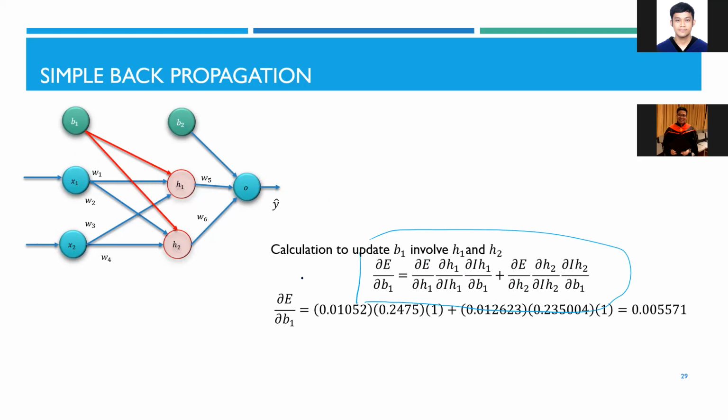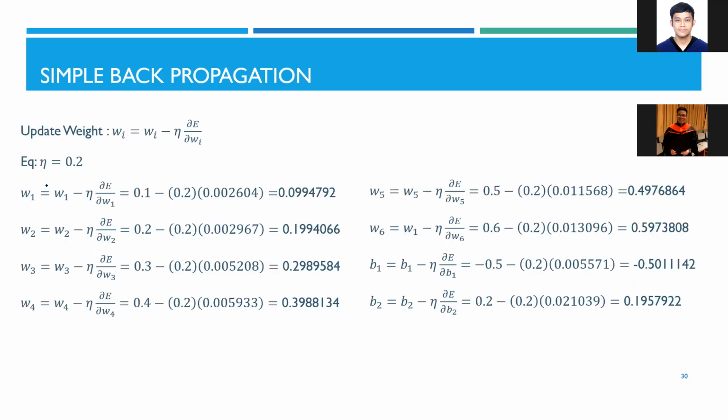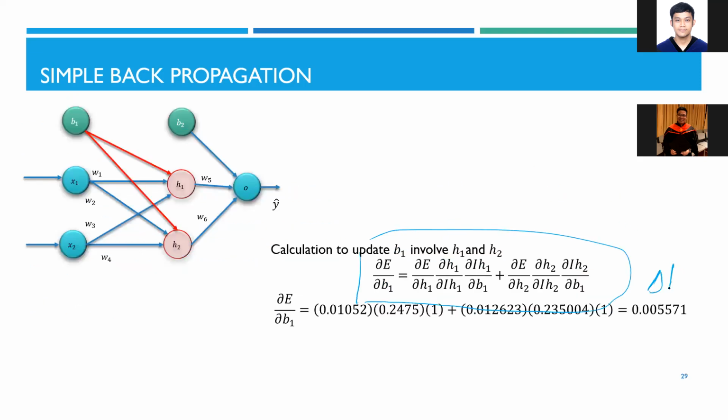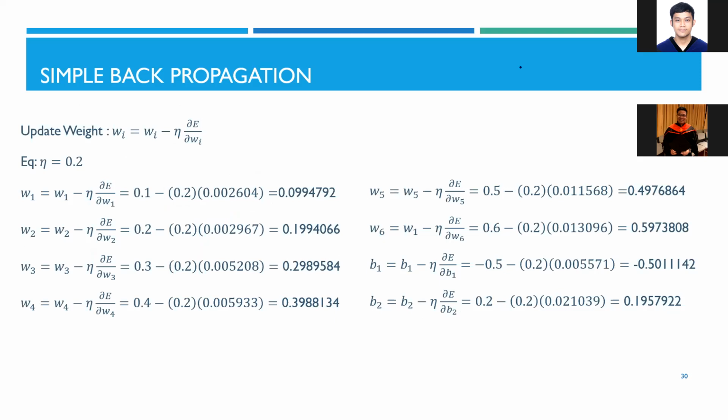This is for B1, because bias 1 connects to H1 and H2. After we get all of these deltas, this is the delta for B1.